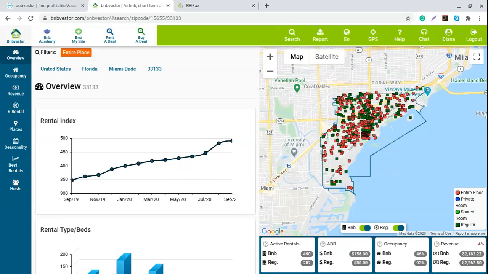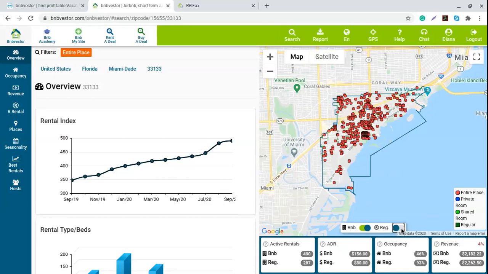So the red points are all the B&B properties, and the green points are all the properties that are being rented monthly, okay? You can turn on or turn off any of these with these two tools right here. So if I only want to see the B&Bs, I just need to turn off the regulars.